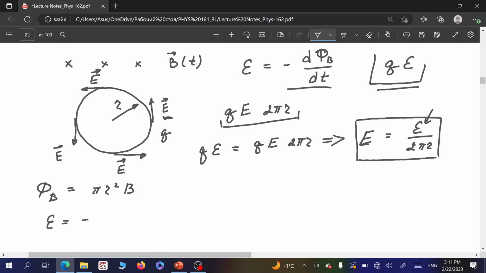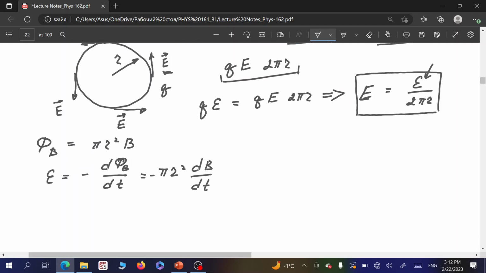That will be minus dΦB over dt, so we have the first derivative over time, and that is pi times r squared times dB over dt, the first derivative of the magnetic field over time.